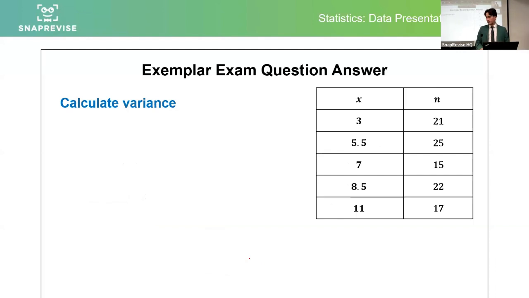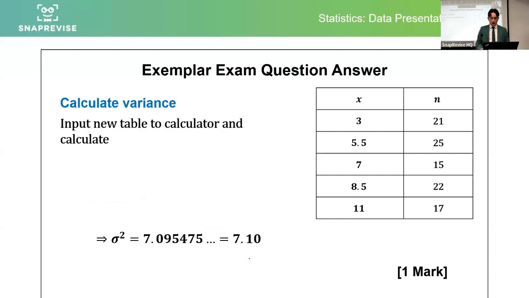And then we're going to look at calculating the variance. In order to do this, if you know how to do that on your calculator, you can put that table in the calculator, have the frequency column turned on, and it will tell you sigma squared is 7.095, and so on. The calculators vary depending on what calculator you have. I think in the ClassWiz, it's on the stats mode.